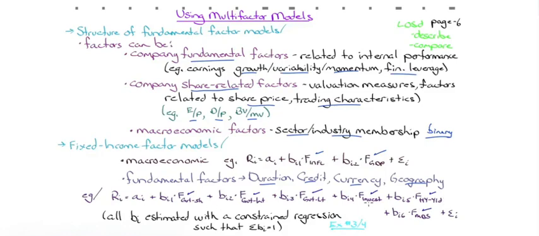And these will all be estimated with something called a constrained regression. That means that the sum of all the sensitivities, all the betas, must equal 1. And if we have something like that, and I give you a return series, and you regress it on these factor returns, you'll have a return series for each one of these, and you do a regression, you will get loadings on all of these coefficients, and the sum of them will equal 1.